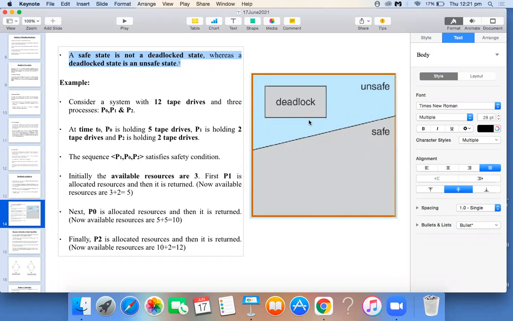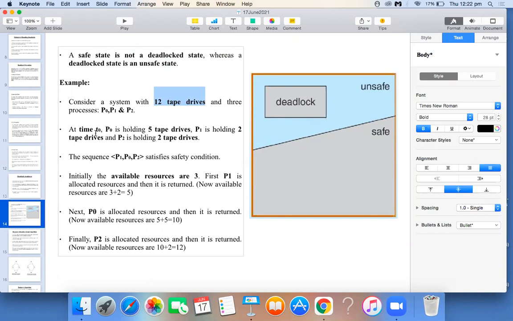Right. So here is one small example which is taken in your book to explain these safe and unsafe concepts. We have one resource here, that is the magnetic tape drive. How many instances do we have of the tape drive? There are 12 instances of tape drive. There are three processes taken as an example: P0, P1 and P2.